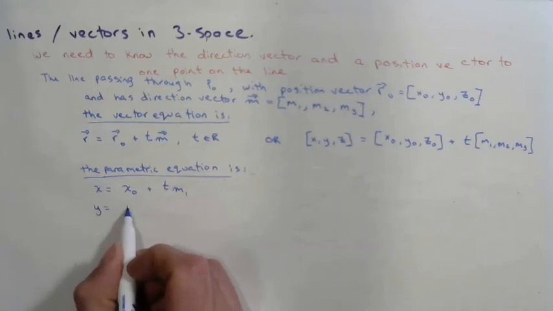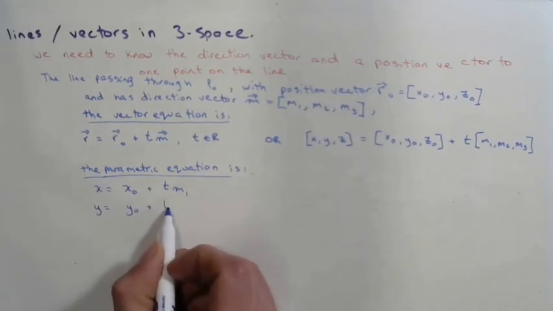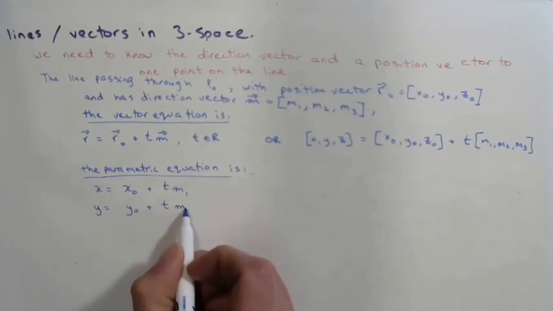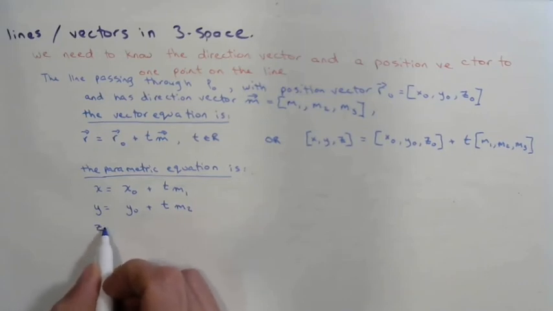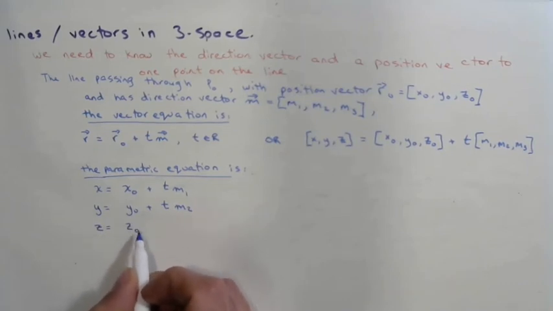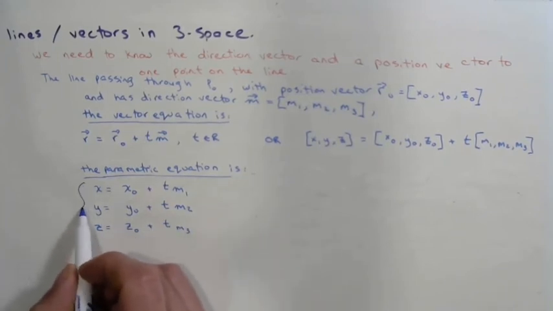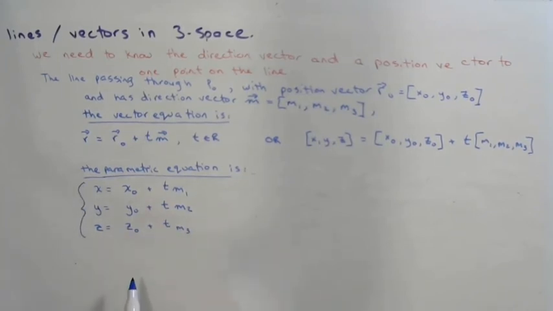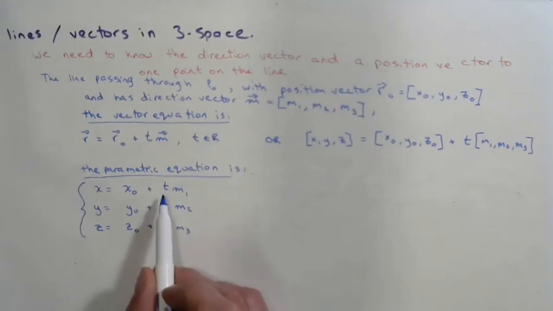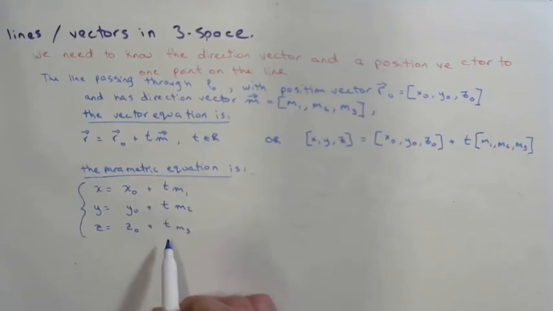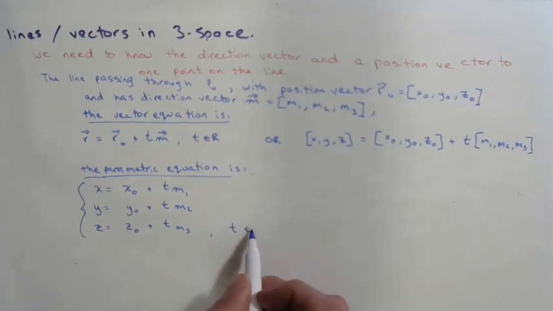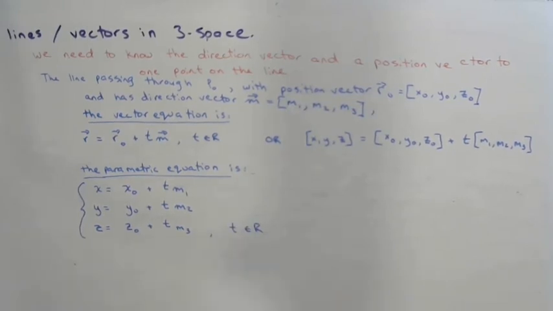You've got y equals y naught plus some multiple of m2, and you've got z equals z naught plus some multiple of m3, and that is going to be the line. And t is the same in each of these breakups here, okay? And we note also that t belongs to the set of real numbers.